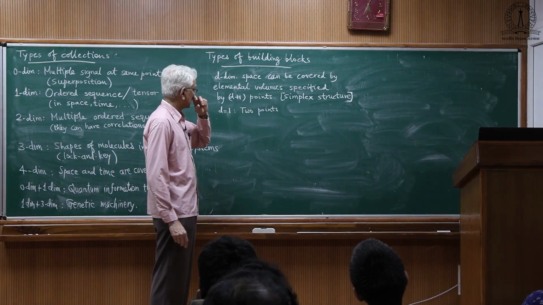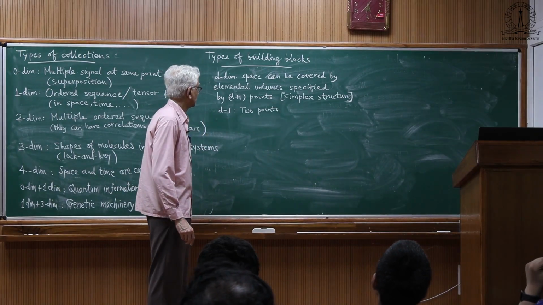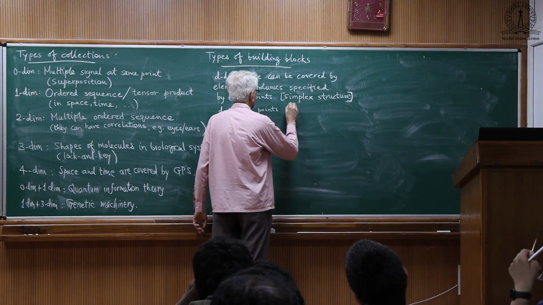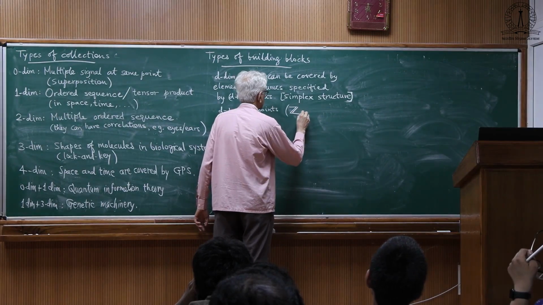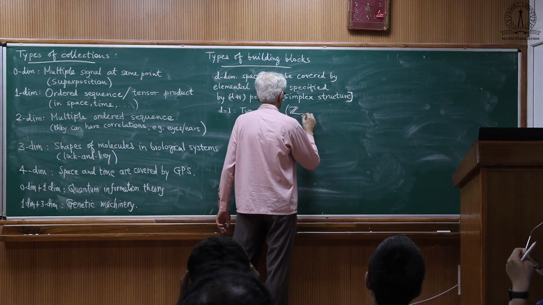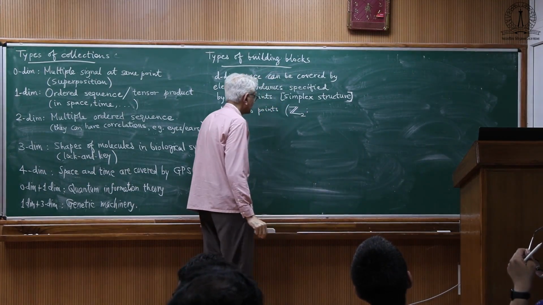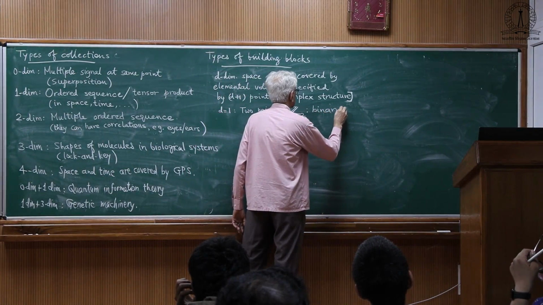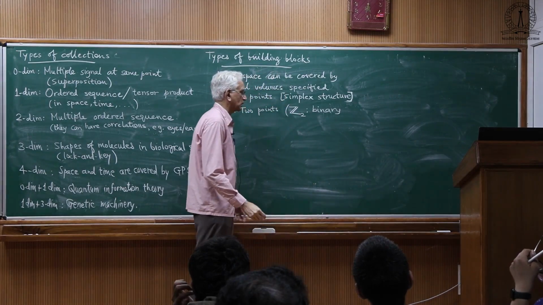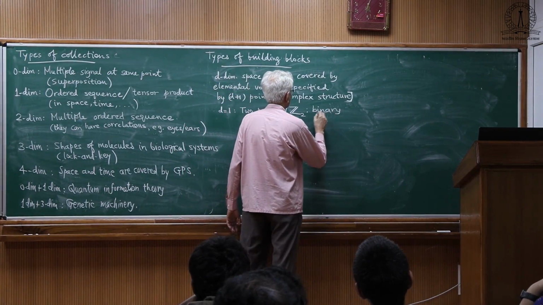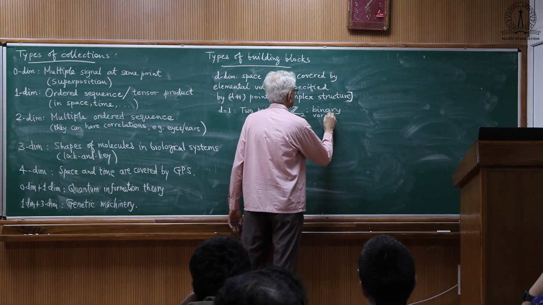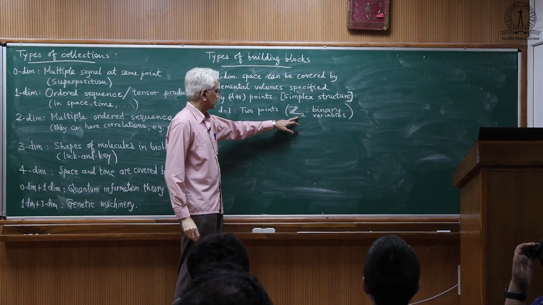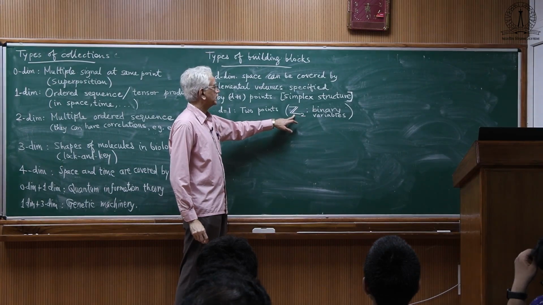And how do I describe these 2 points? Well, mathematically the structure is described by what is called a binary variable, or more explicitly it is called integers modulo 2.